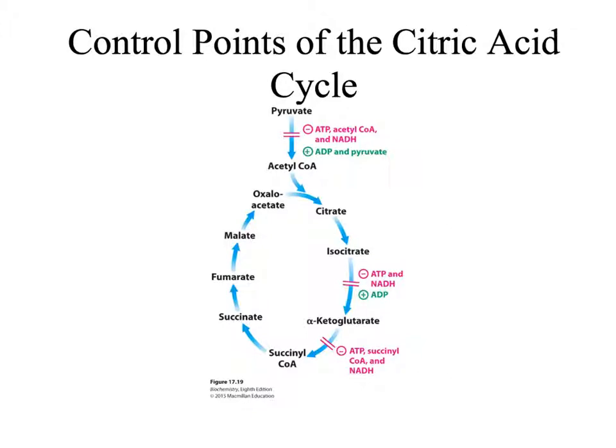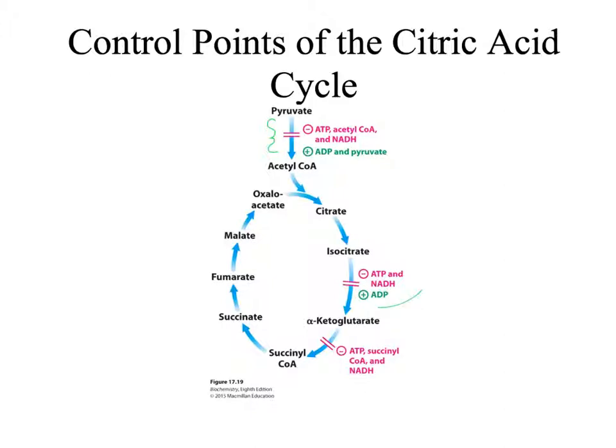There are control points of the citric acid cycle, just like any other cycle. We've seen that we can regulate this pyruvate dehydrogenase complex here in terms of converting that pyruvate to acetyl-CoA or taking that and using it for fatty acids. But then we have 2 additional control points along the citric acid cycle.